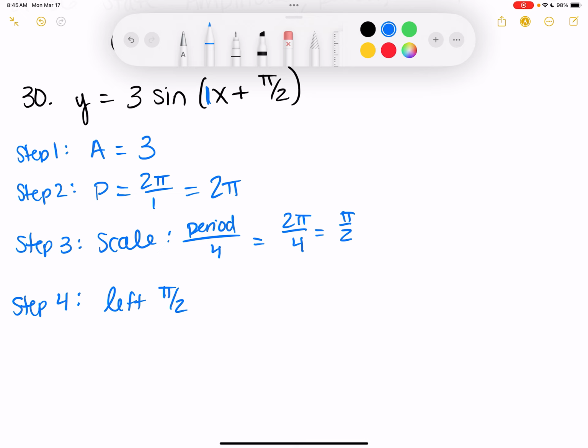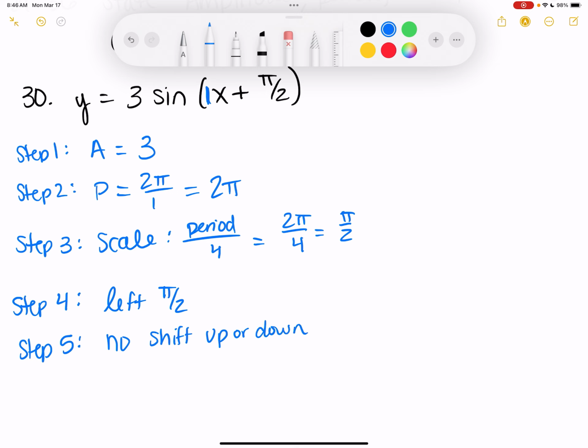Is this one going up or down? Neither. So step 5. And again, normally if it doesn't do this, I wouldn't write anything. But there's no shift up or down is what I would say if I am going to write it out. But you don't have to write that normally.